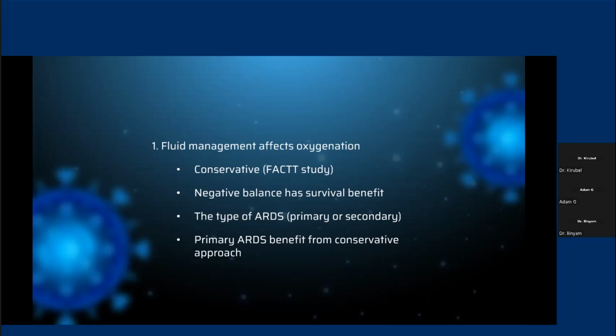But if the patient is having type 2 ARDS, which is due to systemic causes such as sepsis, initially, at the early phase, they will benefit from liberal fluid administration, okay, because they are usually fluid depleted. So they will benefit from that approach.